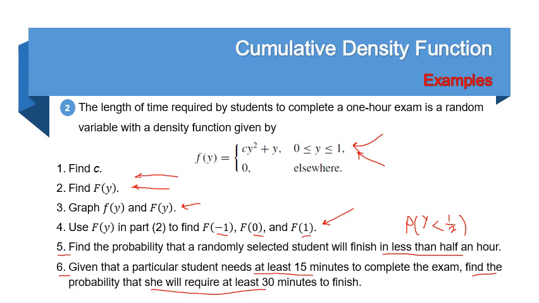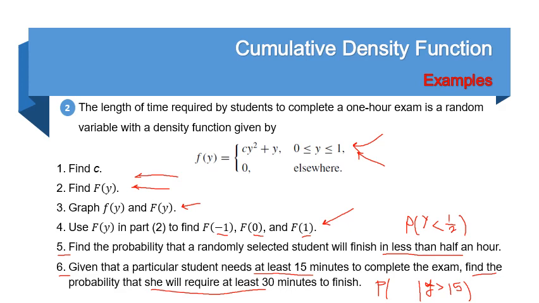So given that your y is greater than 15, you write it after the given mark, the conditional probability mark.